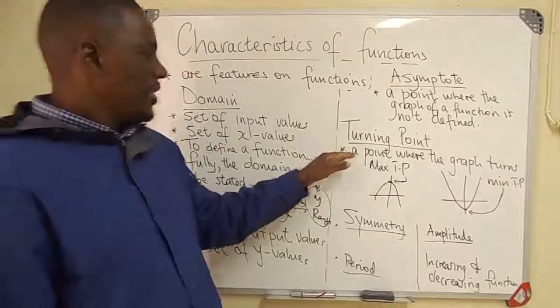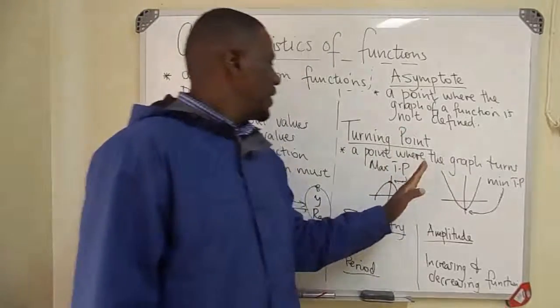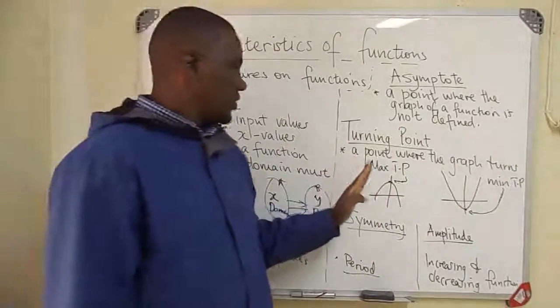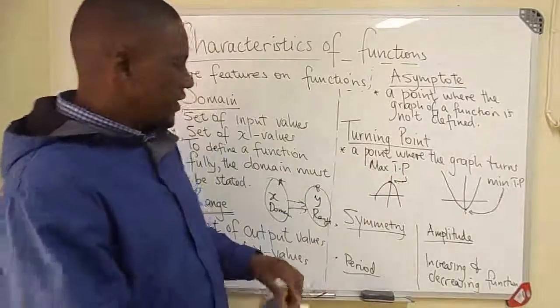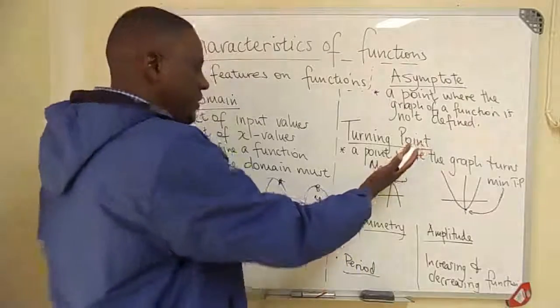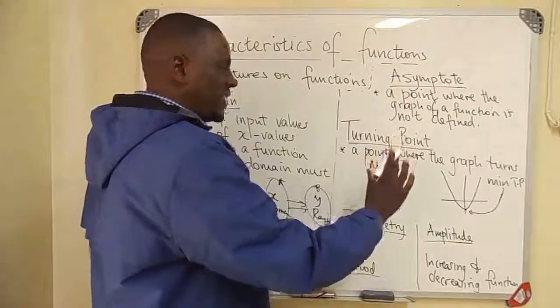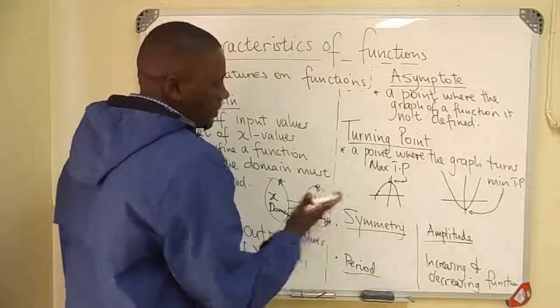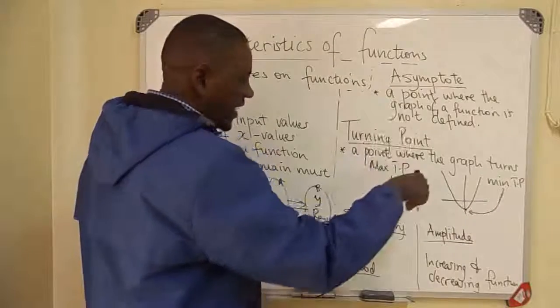A turning point is where the graph turns. At a turning point, the gradient changes. It changes as you approach the turning point. We see here, if you draw a line here, this line has a positive gradient. At a turning point, our gradient is 0. So it changes from positive to 0, then negative.